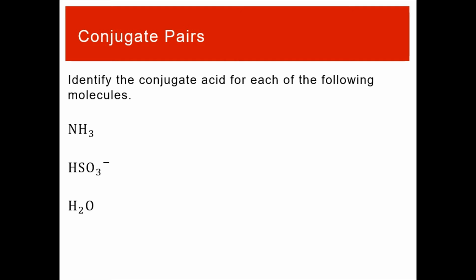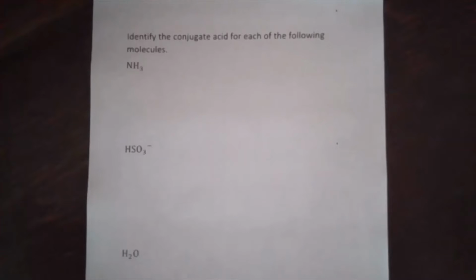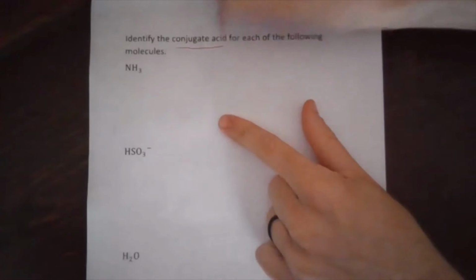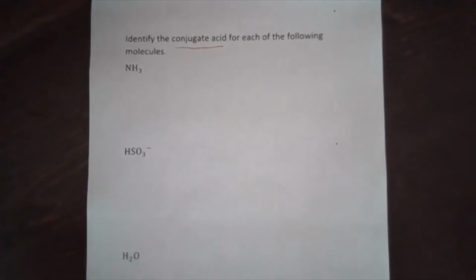So let's look at an example. Let's see if we can identify the conjugate acid for each of the following molecules. I have NH3, HSO3-, and H2O. I want the conjugate acid for each. When we see the word acid, that means the molecule we're creating will have an extra hydrogen.